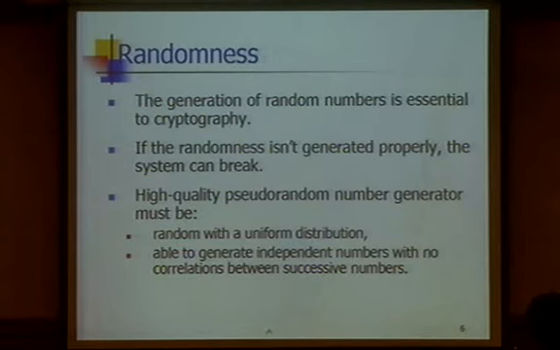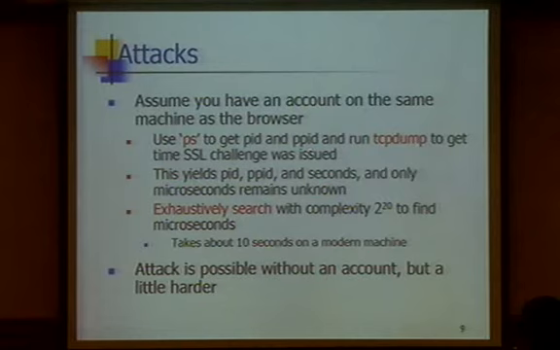But if the attacker has an account on the same machine as the browser, he can get the process ID and parent process ID by using the ps instruction and the tcpdump programs. And then by using exhaustive search, he can also get the information about the microseconds.